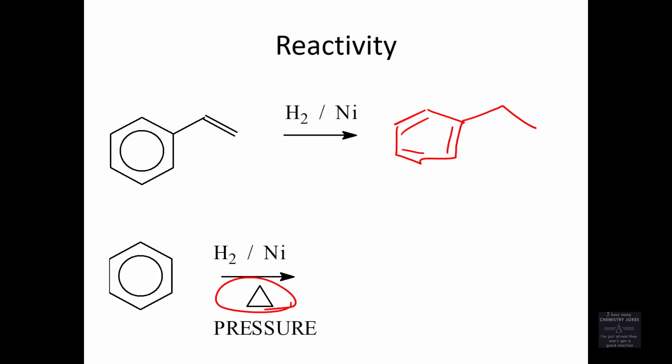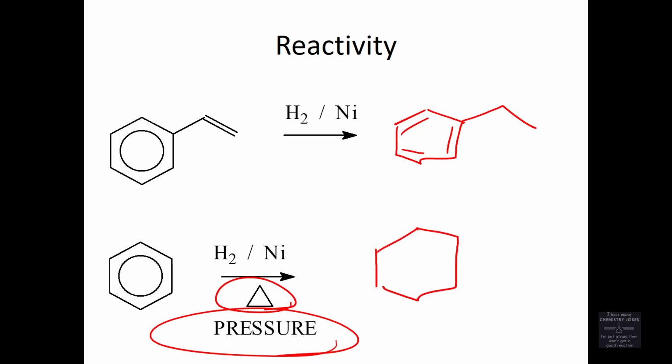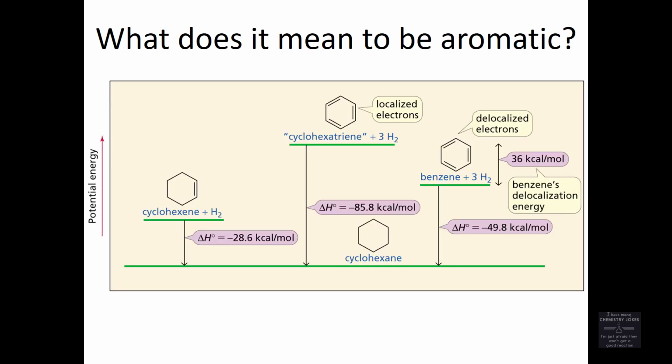But if you have high heat and high pressure, you can get those pi bonds in benzene to react, and you can reduce benzene into cyclohexane.